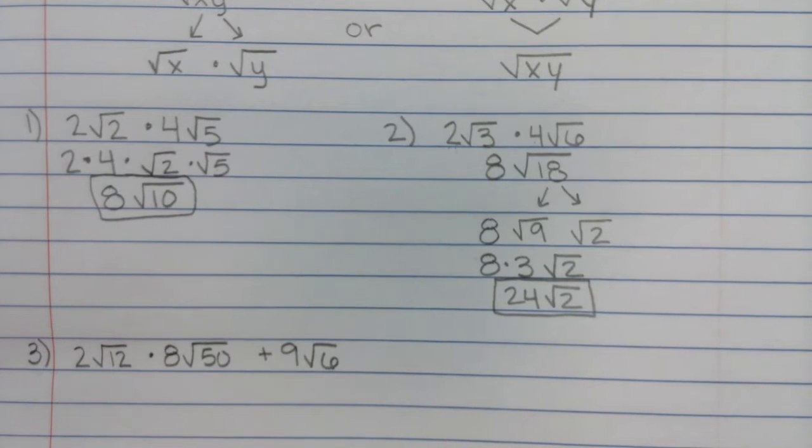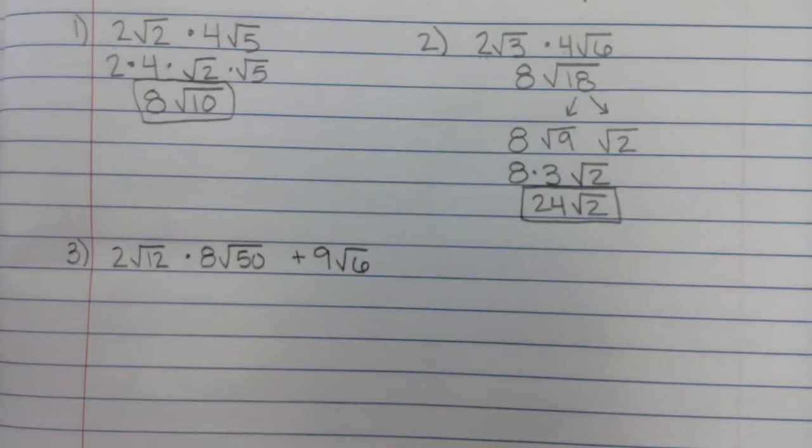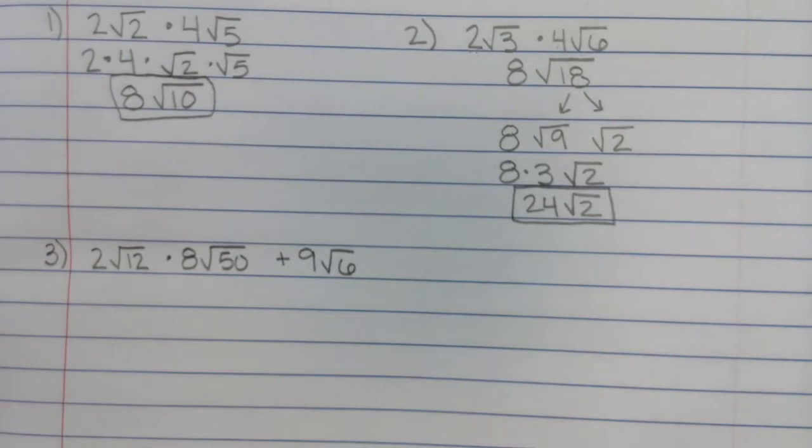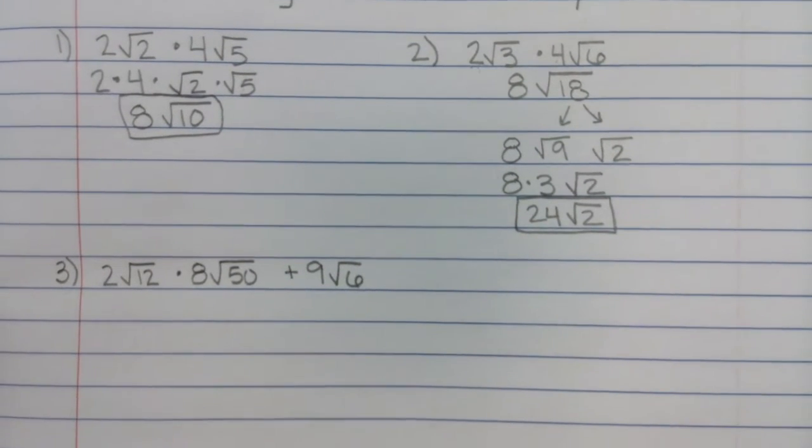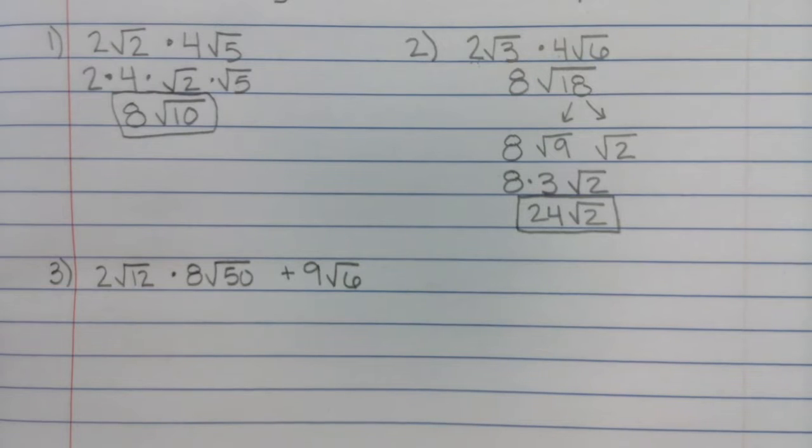With multiplying and adding, which one do we do first with our order of operations? Multiply. Good. So we're going to multiply first. What 2 numbers can I multiply together in these first? 2 times 8. Good. What's 2 times 8? 16. And then 12 times 50.